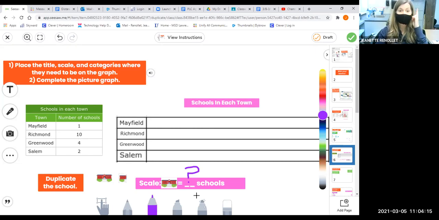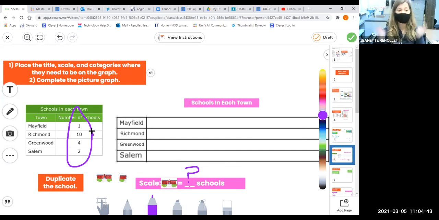In order to pick a scale that makes sense, you have to look at your data. Circle your data on your frequency chart. Look at those numbers. I notice the greatest data is 10. That helps me, especially when I'm making a bar graph.